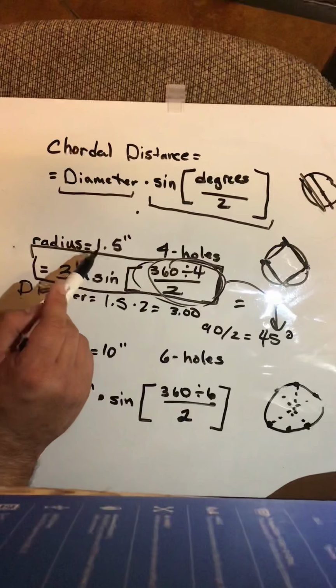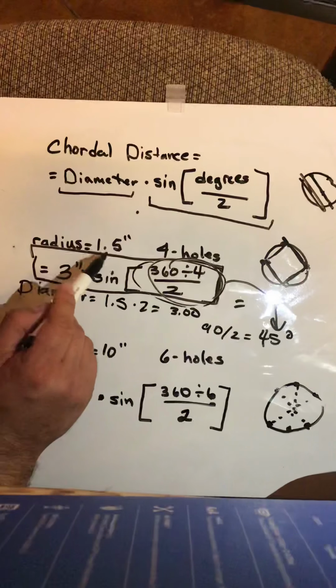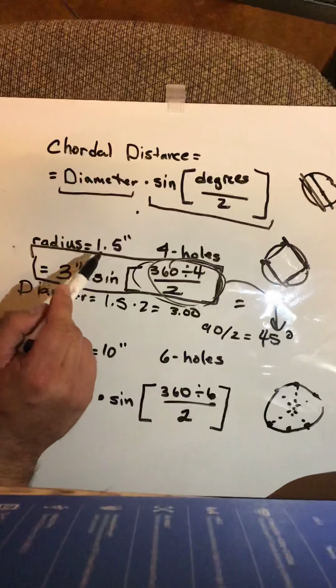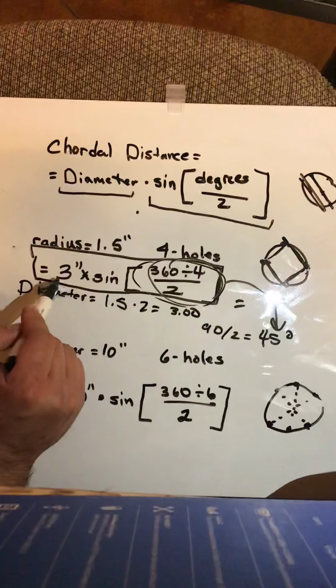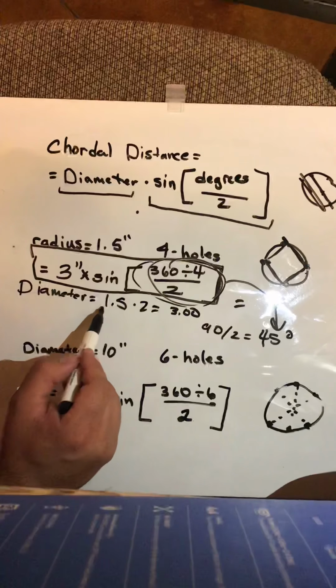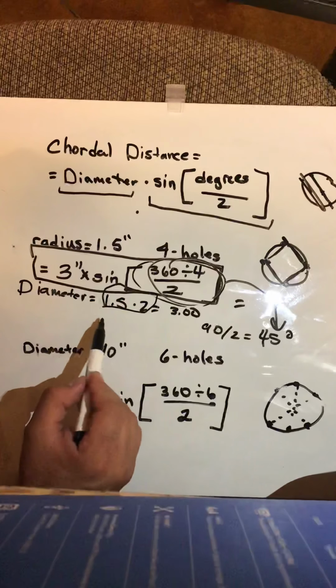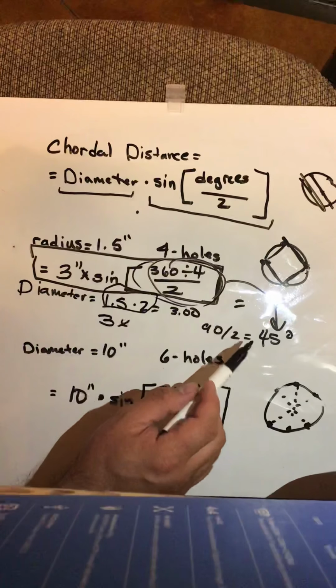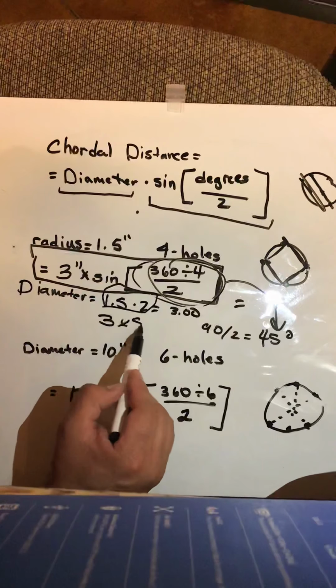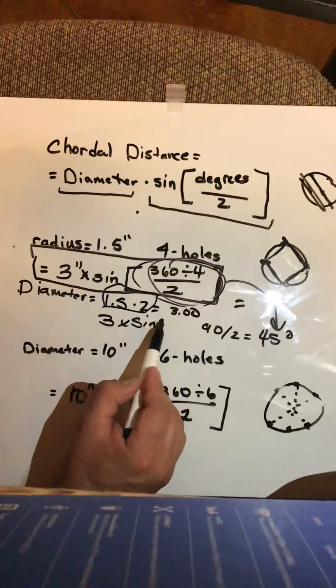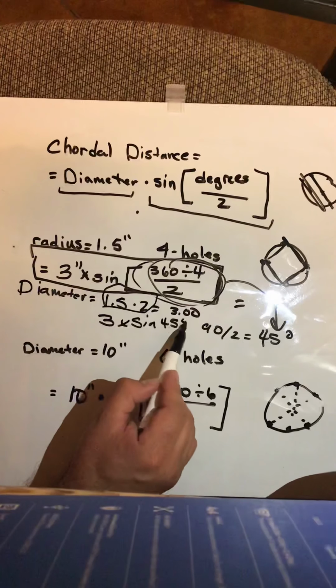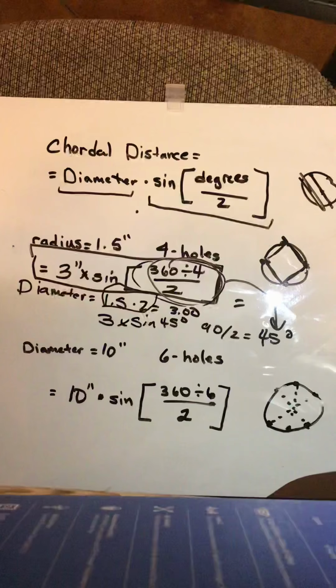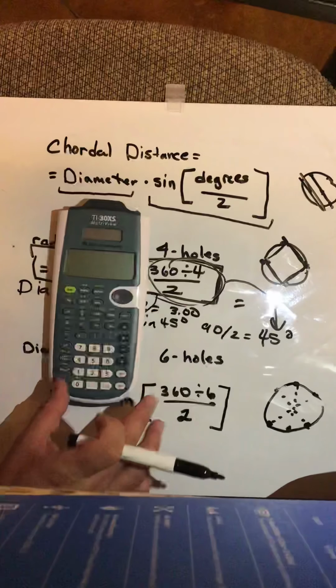A radius of 1.5 doubled is 3, so 3 will be my diameter. So it'll be 3 times the sine of 45 degrees.